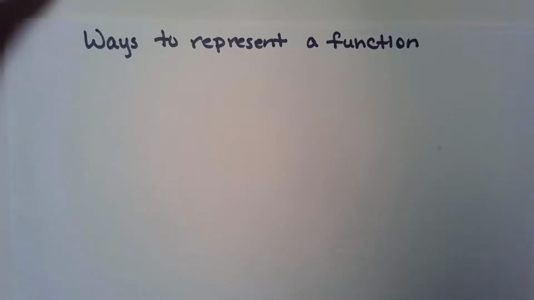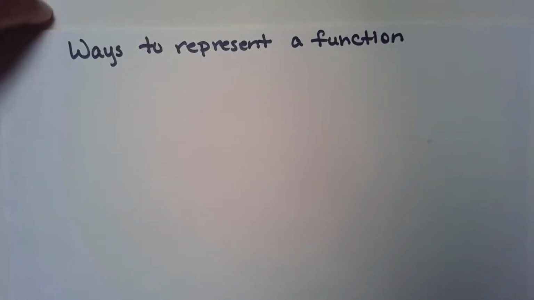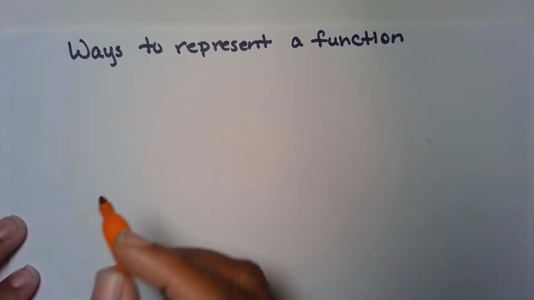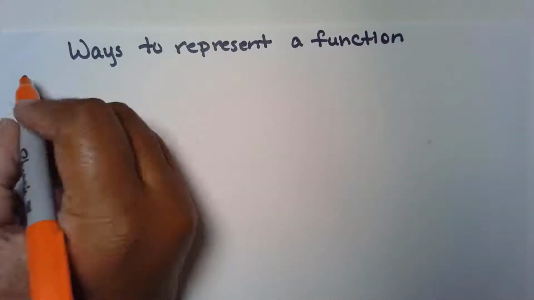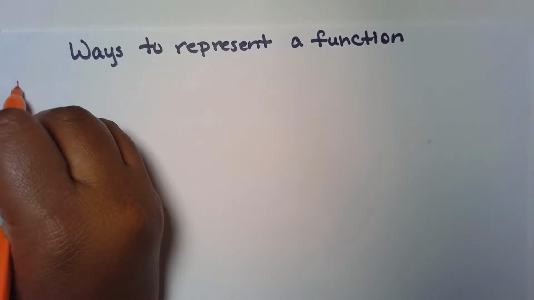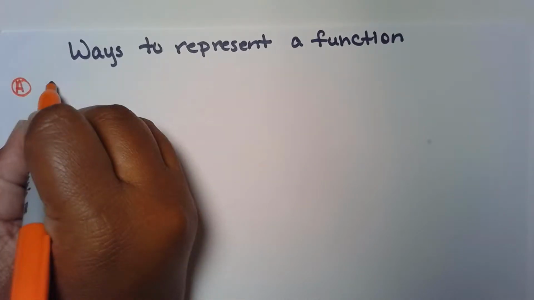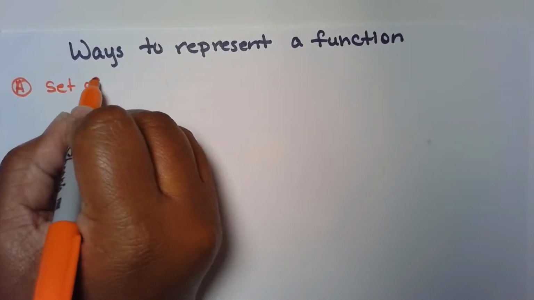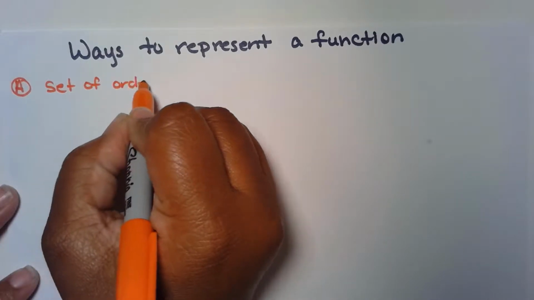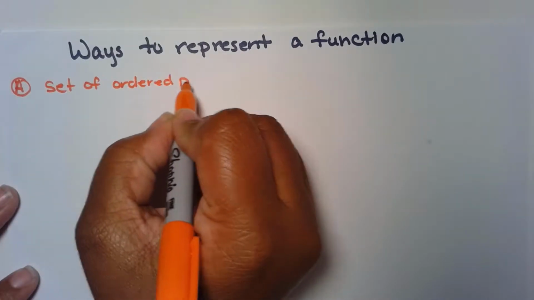Remember, it says a relation is a set of ordered pairs. So here is one way. We can write it as a set of ordered pairs.